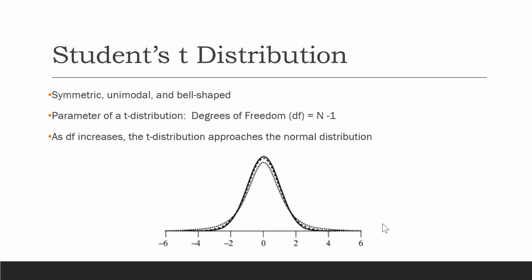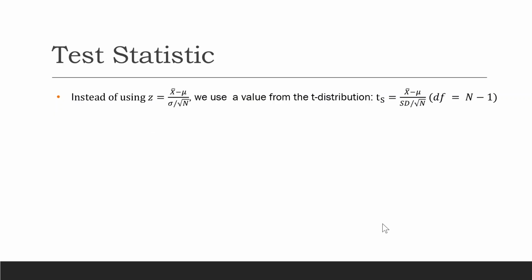But this is the distribution that we're going to actually calculate areas under the curve for in order to get probabilities. When we were originally calculating areas using z and this formula here, which gives our z-scores, we're going to have a very similar formula, but now it is based off of the t distribution.